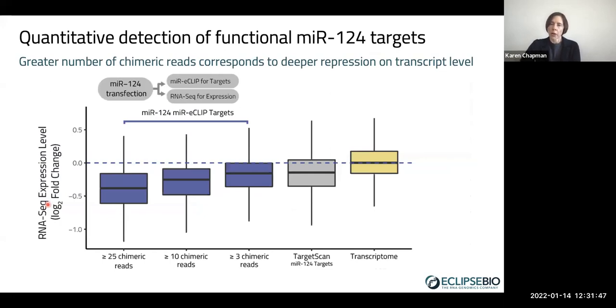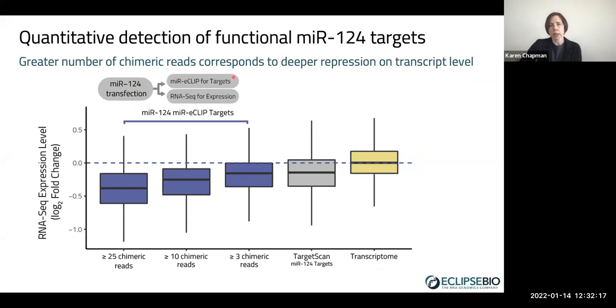Another one of the really appealing aspects of this type of data is that we found that it is quantitatively related to the extent to which the mRNA is downregulated. So let me walk you through that. In this experiment, miR-124 was transfected into cells, and then there were two assays run.